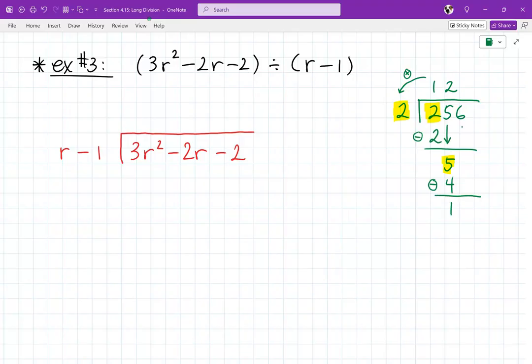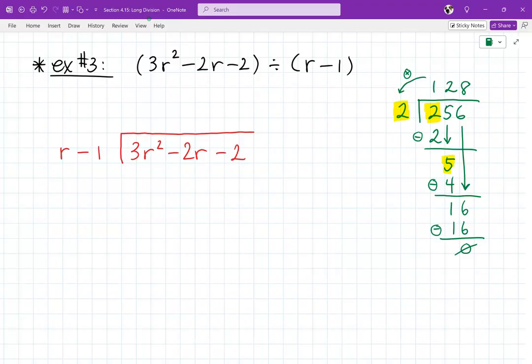That gives me a 1. And we drop the 6. Right? And then you ask yourself, how many times does 2 go into that 1? It doesn't. How about into the 16? It does. 8 times. Right? And then you'd say 8 times 2 is 16. You'd subtract, and you'd get a 0.